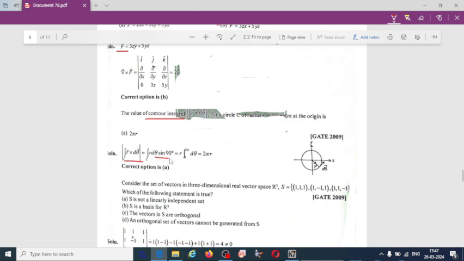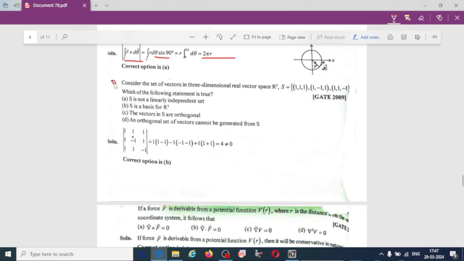You can write in terms of sine, that is angle is how much? 90 degree. If you substitute, sine 90 is equal to 1. So r integral with respect to d theta, taking the limit 0 to 2 pi, because it is at the distance r from the origin from the circle. So 2 pi r.